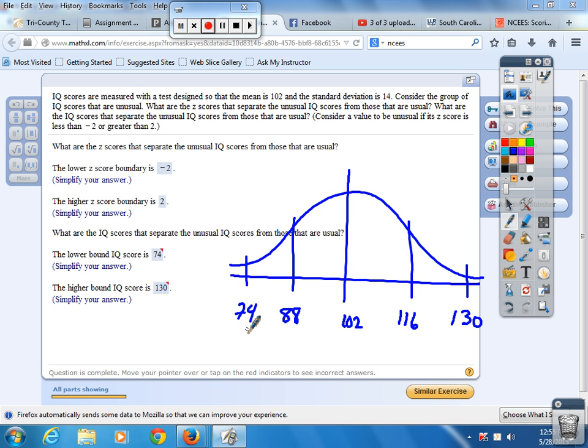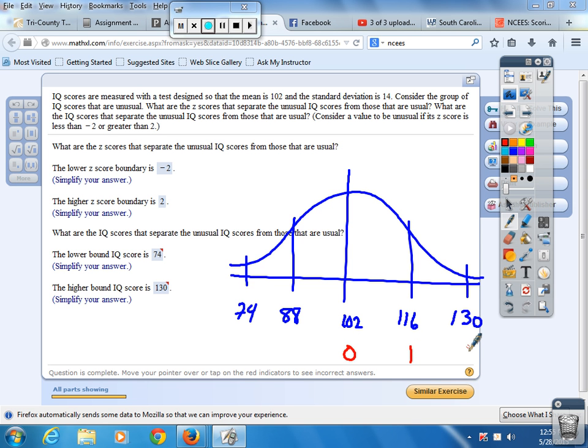Let's see what the question says. What are the z-scores that separate the unusual? Well, go down here. On the z-score, what's the middle? 0. And then what's the standard deviation? 1, right? So, what's this z-score? 1.